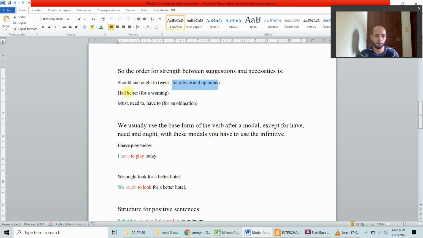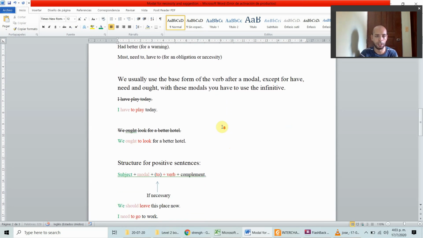Had better is a little bit stronger and it's used to give warnings. And must, need to, and have to are for an obligation or necessity.